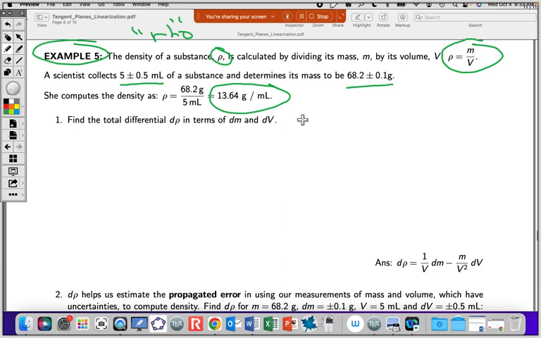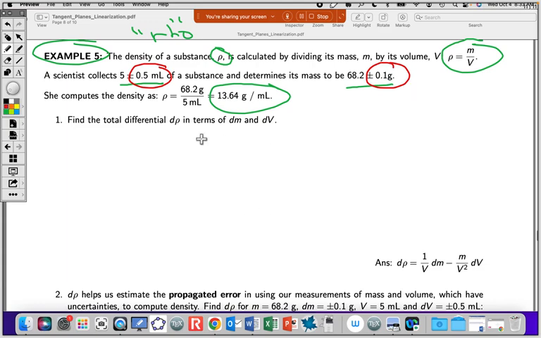But in doing that calculation, you've got these uncertainties that are feeding into it, right? And so what we can do is use differentials to help us approximate the error incurred by using these measurements. These errors are because we're observing things, we're measuring things, all right? Any measurement you collect will always have an uncertainty associated with it.